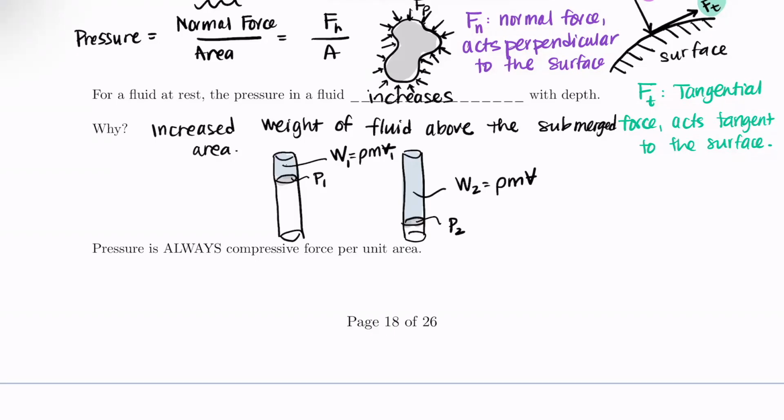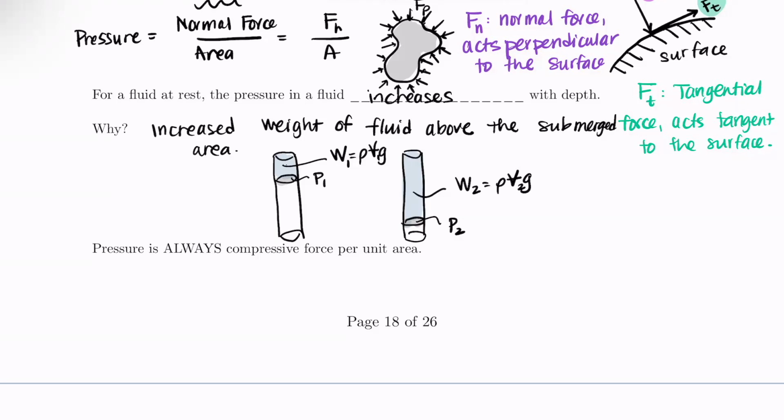Oh my gosh, you guys, keep me honest, this is wrong. It's rho VG, right? So we have volume 1 and then volume 2, all right? And volume 2 is greater than volume 1, right? So our pressure is higher in situation 2. Does that make sense?